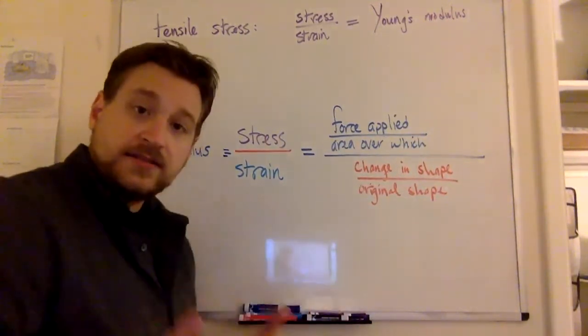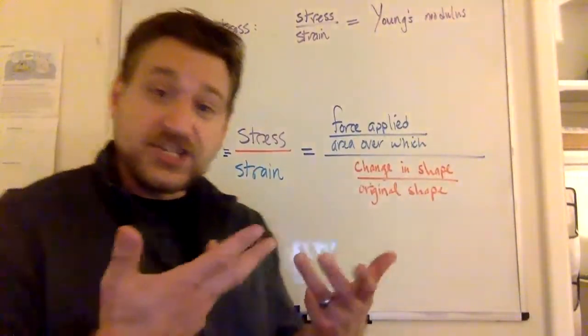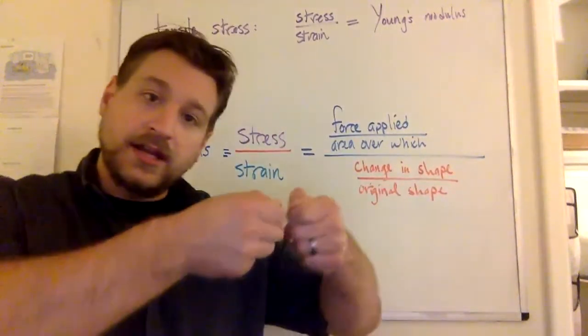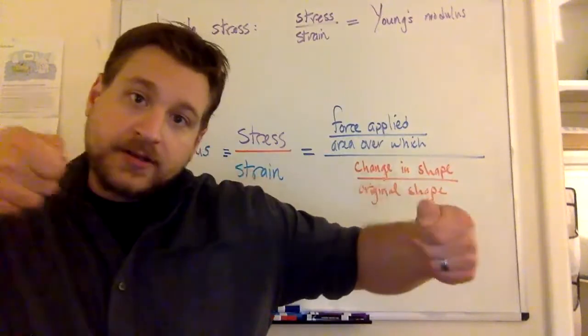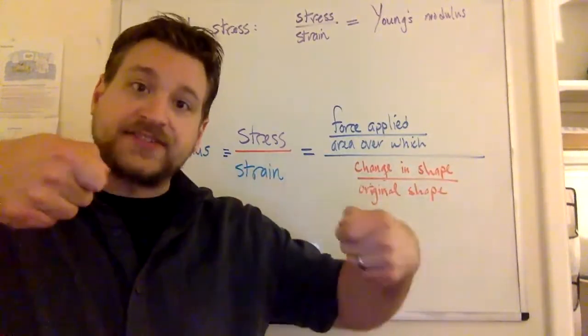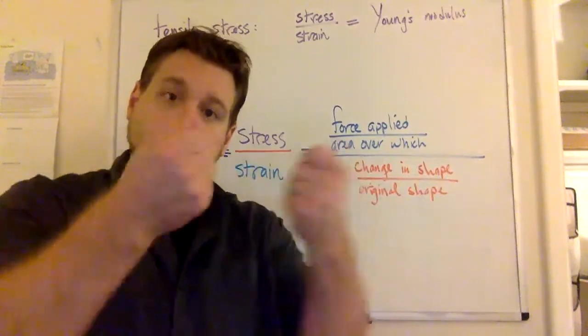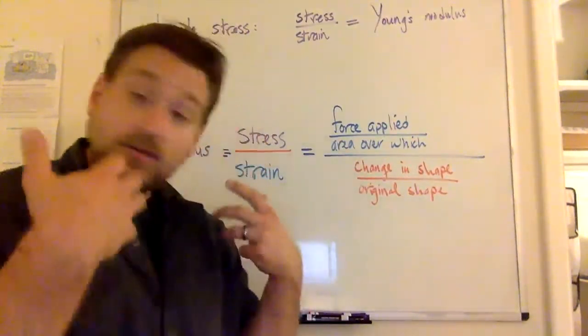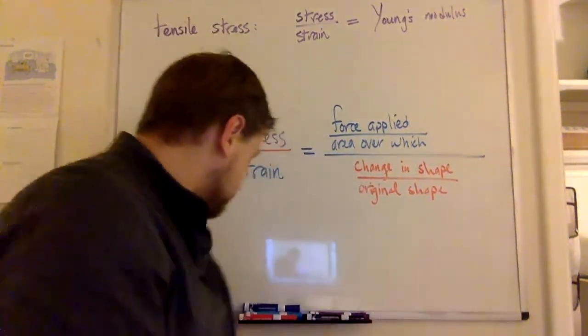Since we're subjecting these materials to tension, we're talking about a change along the direction that the force acts. And the reason I'm using both hands to talk about tension is we're here in the equilibrium chapter.